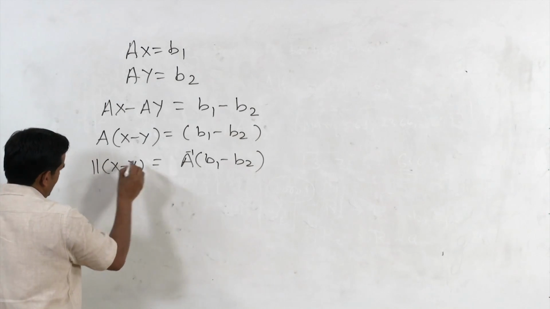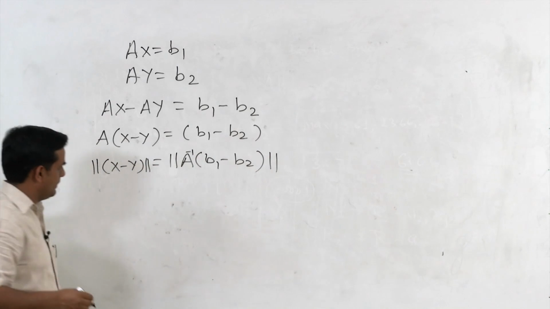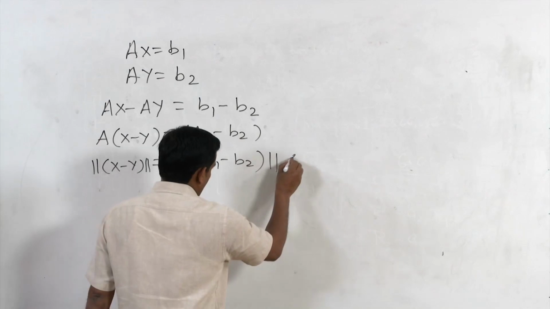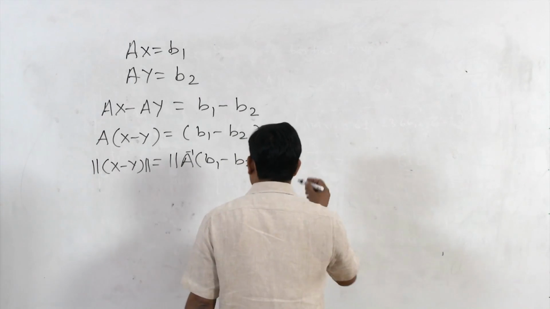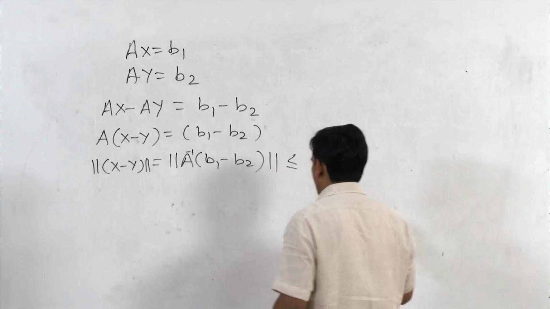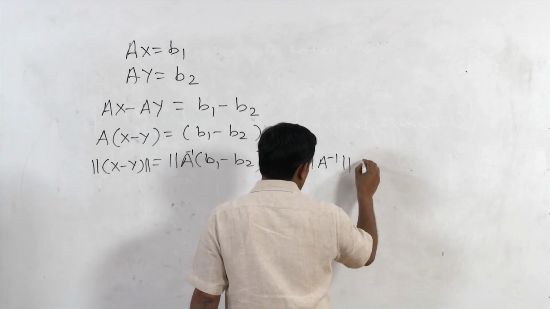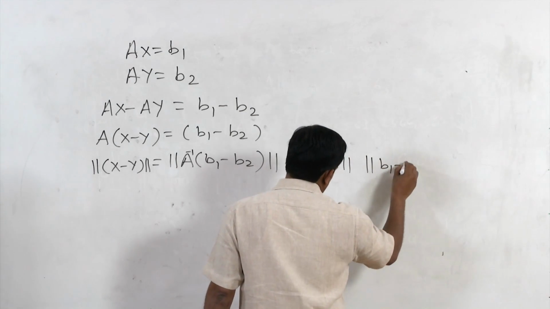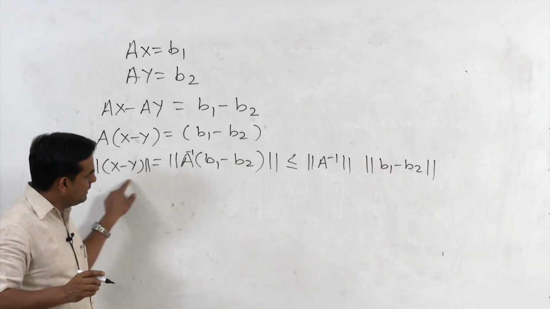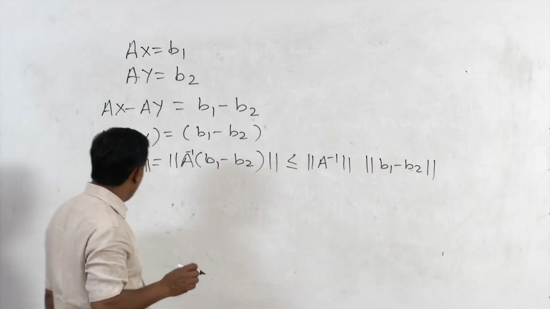Now, norm of this particular vector equals norm of this vector, and by the inequality norm of AB less than or equal to norm of A into norm of B, I can write norm of A inverse into norm of B1 minus B2. So, norm of x minus y is less than or equal to norm of A inverse into norm of B1 minus B2.